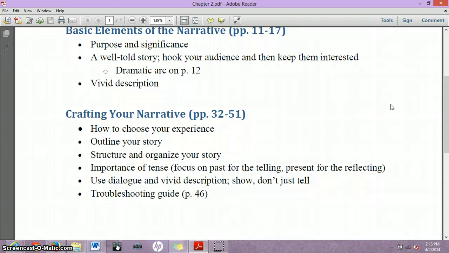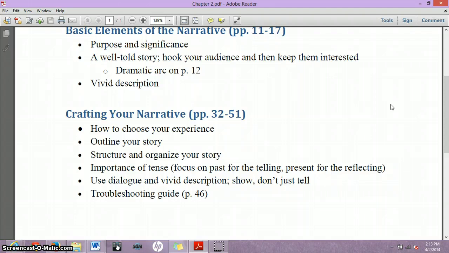But one thing that I thought was particularly cool is if you look on page 46, there's a troubleshooting guide for you. So say you get your outline back with feedback from me and I tell you some things to improve on. You can go to this troubleshooting guide and see if it can help you in any way. Like say I don't get how your experience is significant.